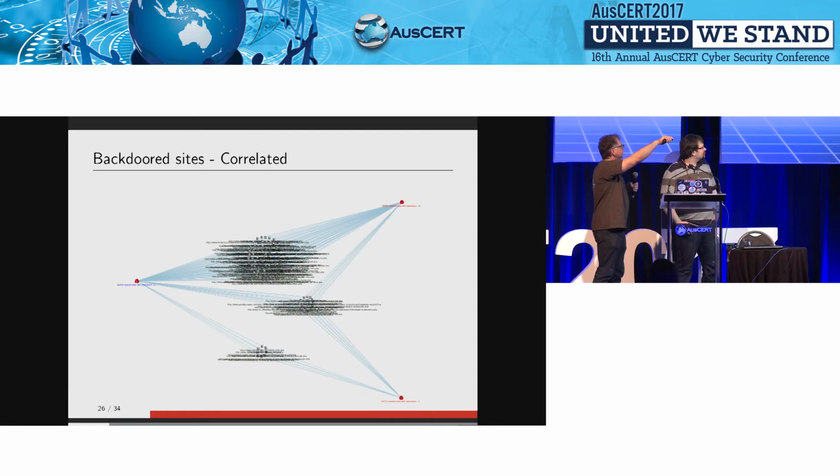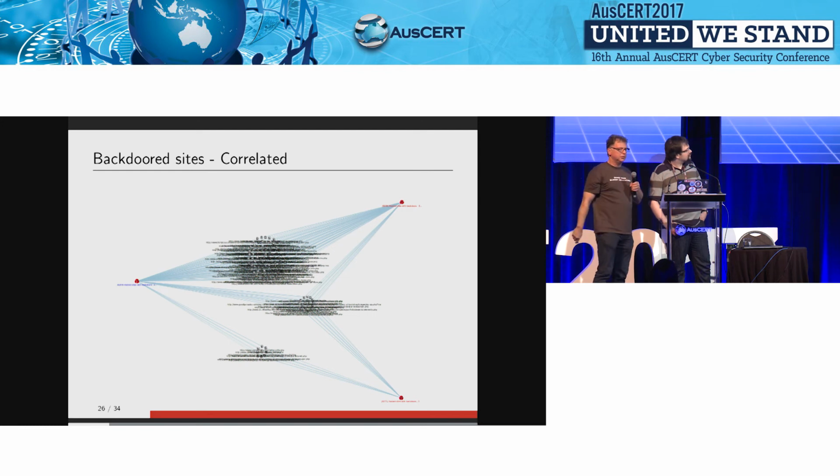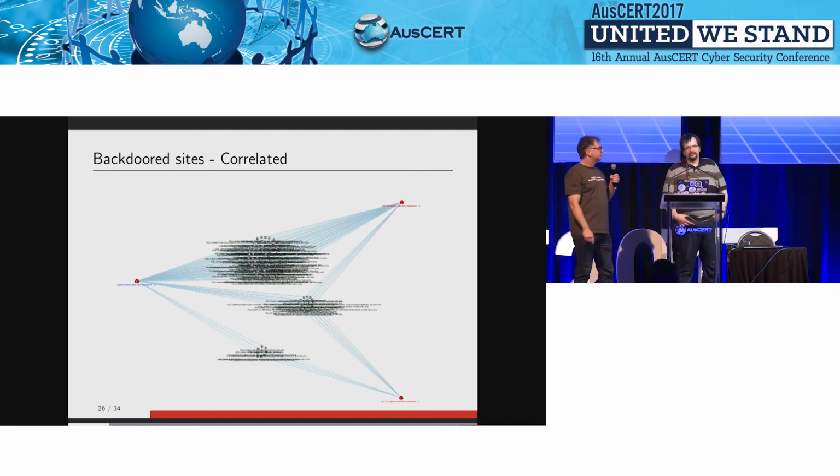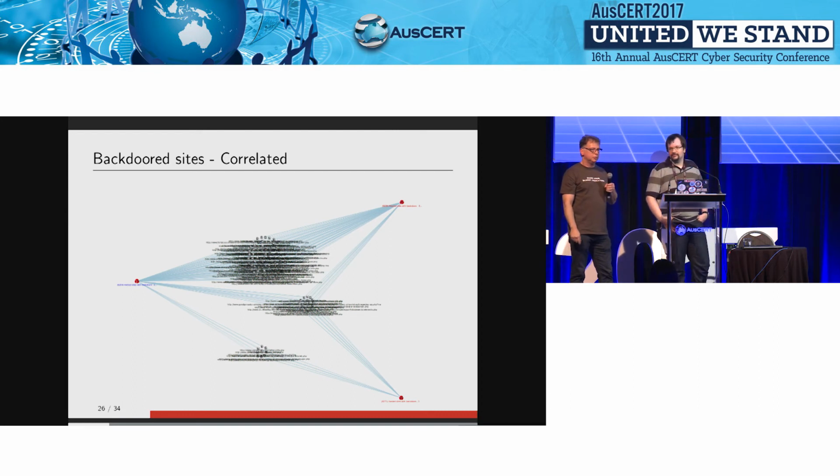We have the first event. At the bottom, we have the second event. And here we have the third event. And the hosts, the URLs which are listed in the middle here, they have the luck to be in relation with all 3 events. This means they have not been cleaned up for more than 2 weeks.